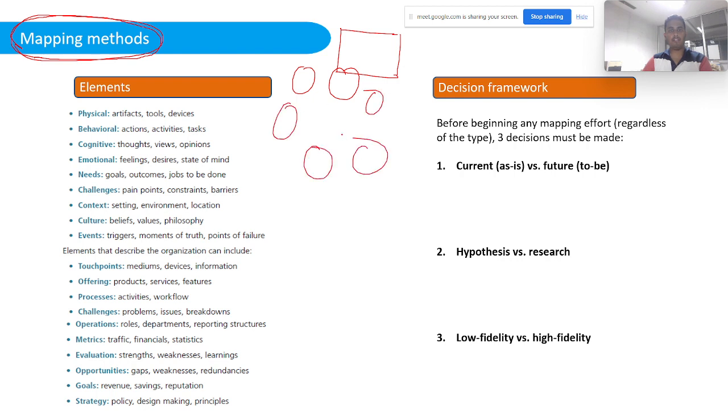So here the user means the people who are engaged in the particular design activity. So probably you have a team of designers or engineers or researchers who are from different backgrounds.